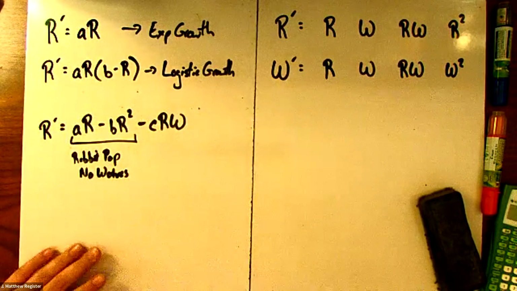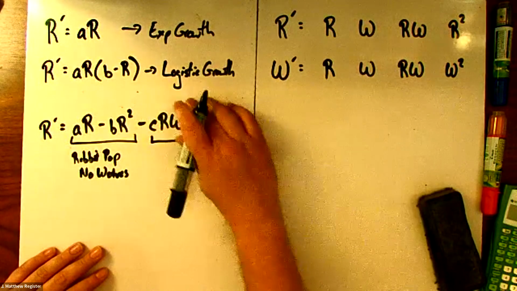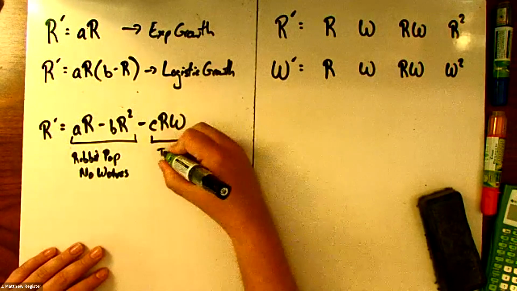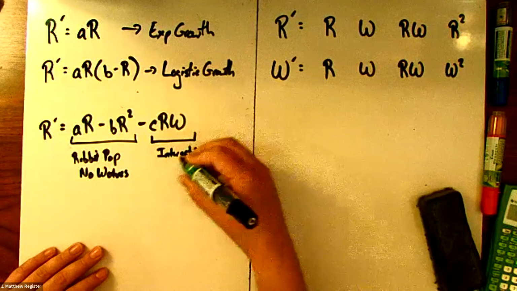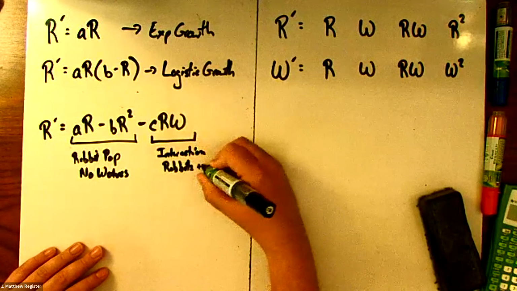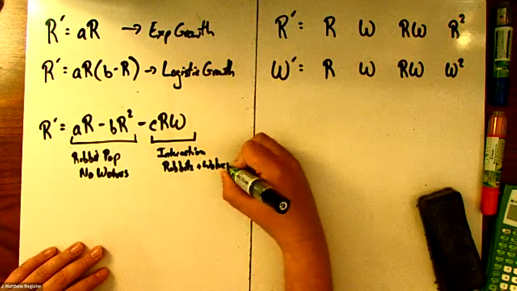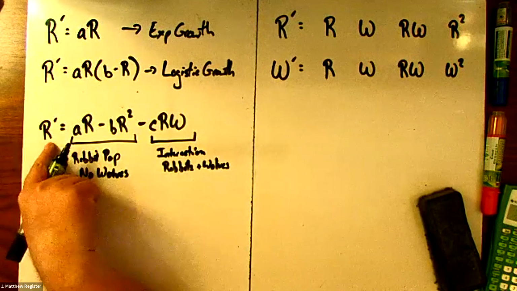Adding this CRW term is saying what happens when you do have wolves. This is really talking about the interaction between rabbits and wolves, and what that interaction does to the rabbit population.